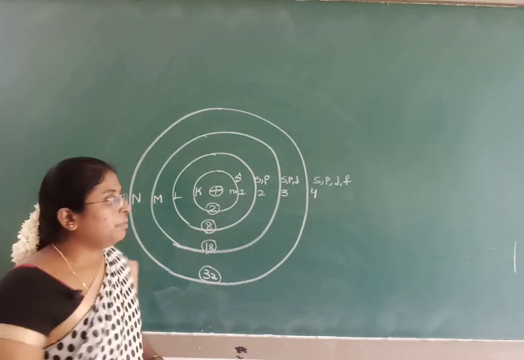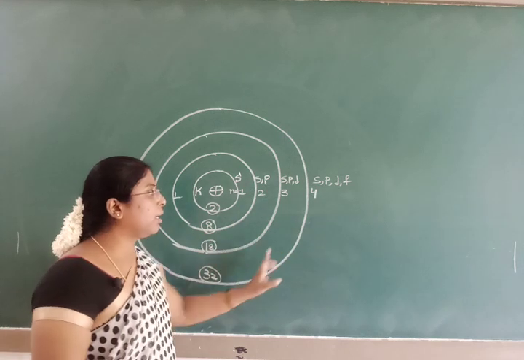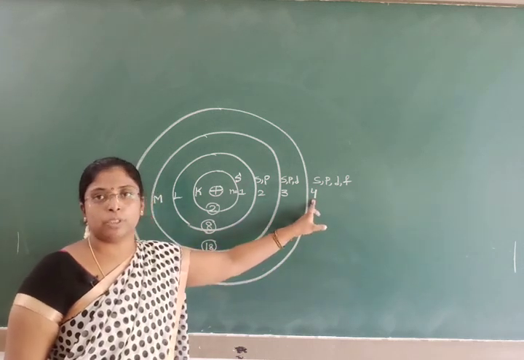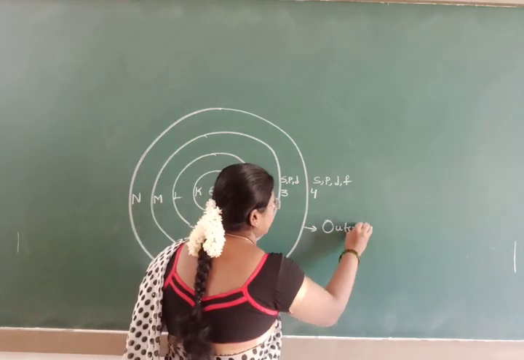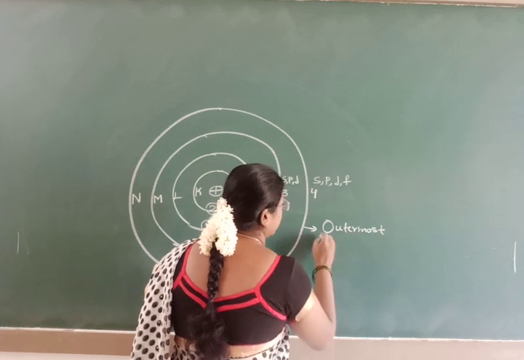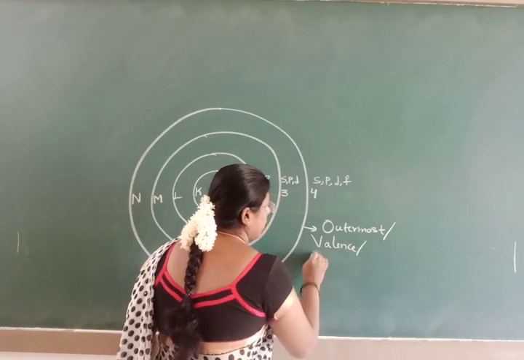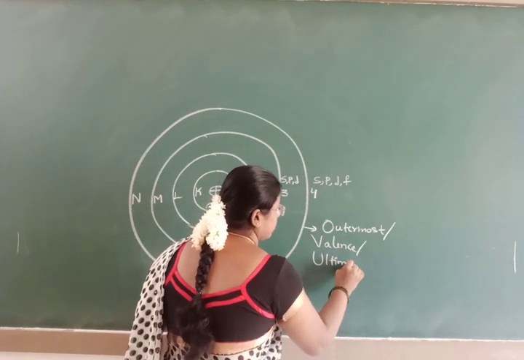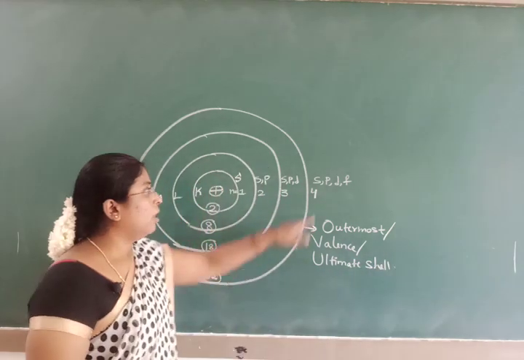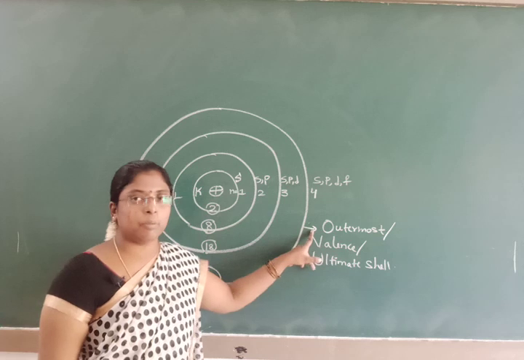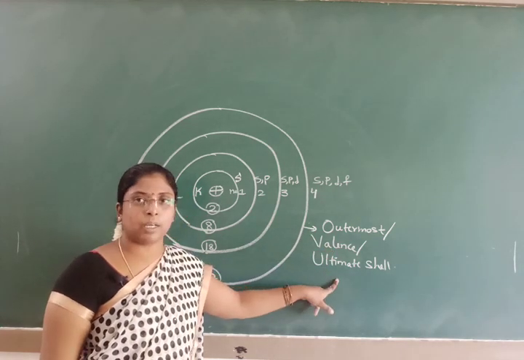If I take this fourth shell, this is the outer shell. In this atom, the outer shell is the fourth shell. We call this outer shell the outermost shell, or valence shell, or ultimate shell.